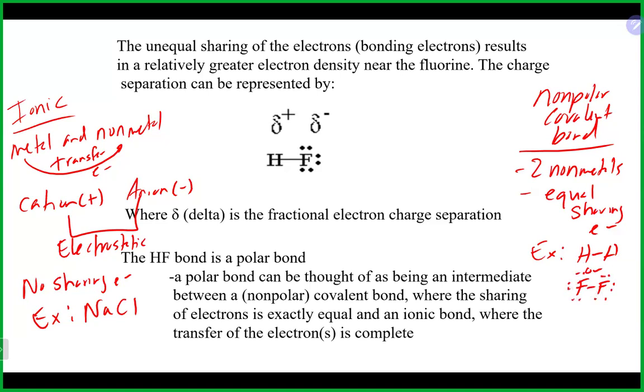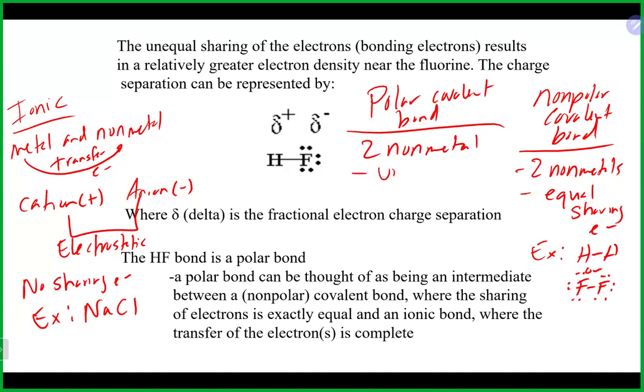Now, in the middle of the two is the polar covalent bond that we just got done talking about, or just a polar bond. Also between two nonmetals, also sharing of electrons, but here it's going to be unequal sharing of electrons. And an example of that, obviously, here is our HF.